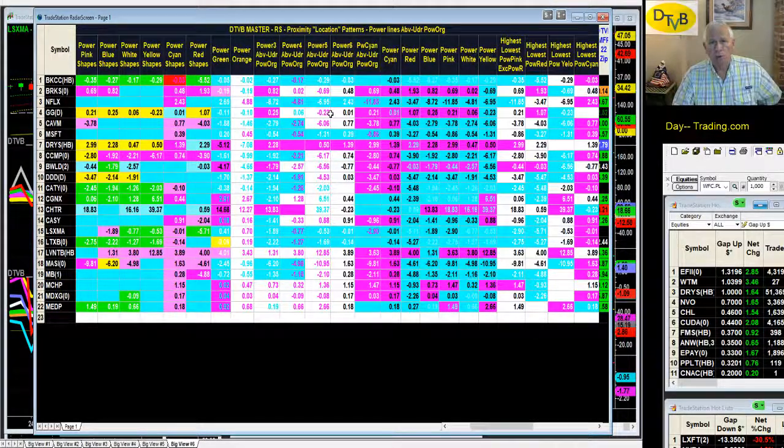Because as you become familiar with the system, you will realize that certain shapes will go together with certain locations to generate gaps. That's not always the case, but it's a condition that tells us that there is a possible gap.